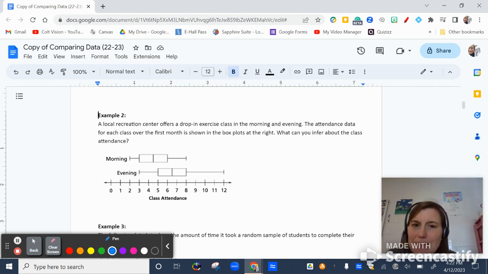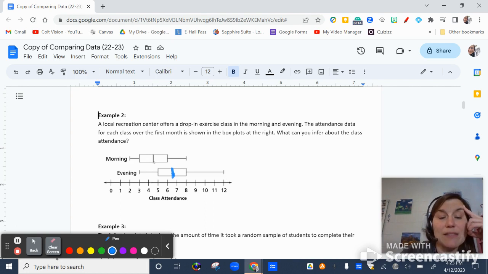So in this data we look and we see that, okay, right here, 50% of the classes in the evening, so these are different classes, 50% of the classes in the evening have an attendance of more than 6. So more than 6 people in attendance, because this is my median, so more than 6.